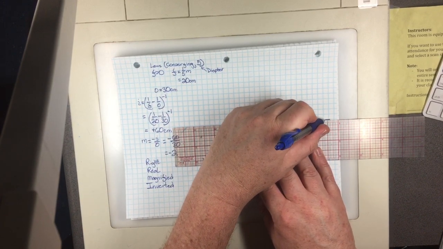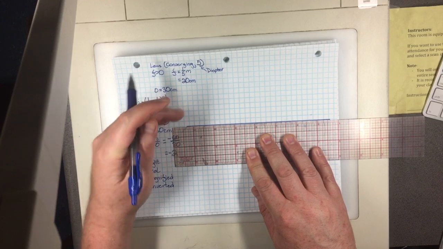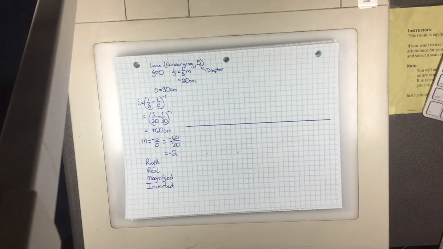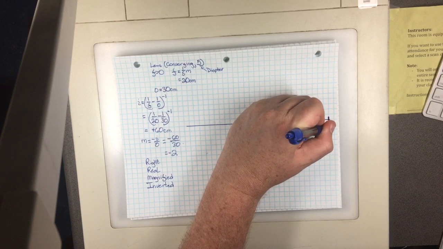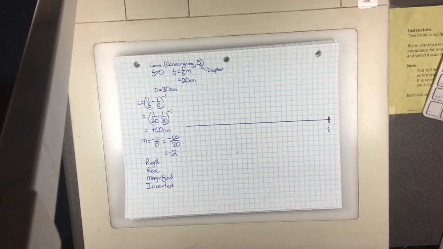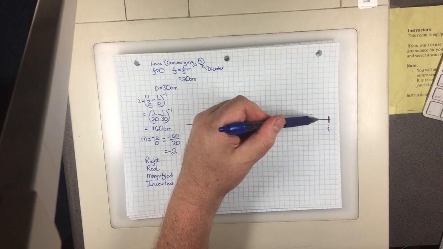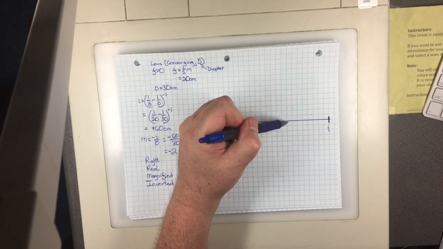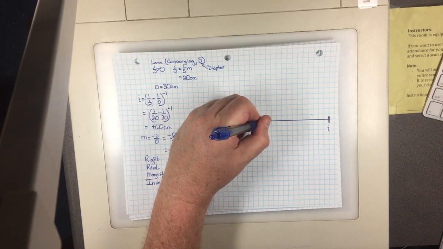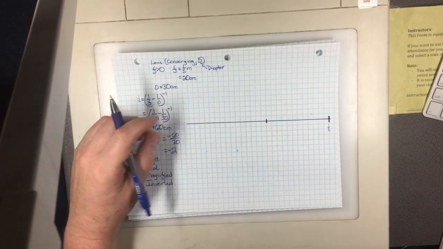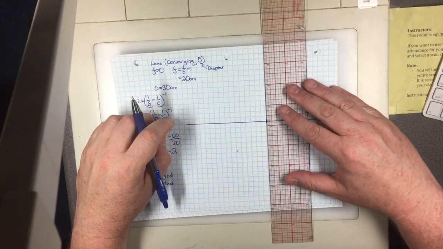So we first draw our optical axis. Then I have to figure out where to put all this. Image distance is at 60, so I'm going to put the image distance here. It looks like 2 blocks per 10: 1, 2, 3, 4, 5, 6. And that is the lens wall.